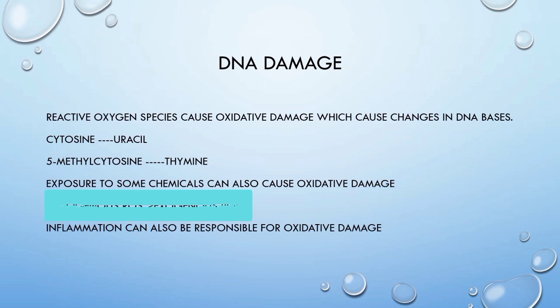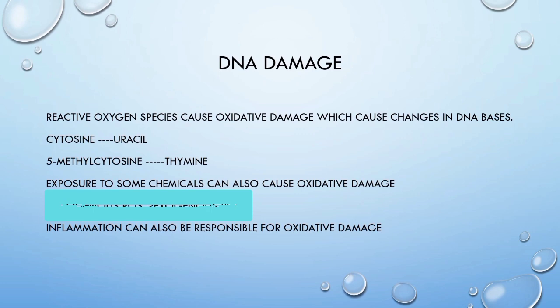So the endogenous ROS is seen to cause more damage to the DNA than exogenous mutagens. The mitochondria and peroxisomes are where these ROS are produced, and if they are not properly metabolized or detoxified, they can interact with the DNA, both the mitochondrial DNA and the nuclear DNA.